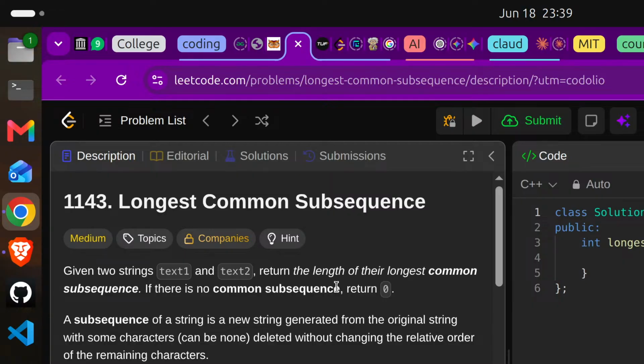Trying to have a 3 here. So we have to initialize this DP.